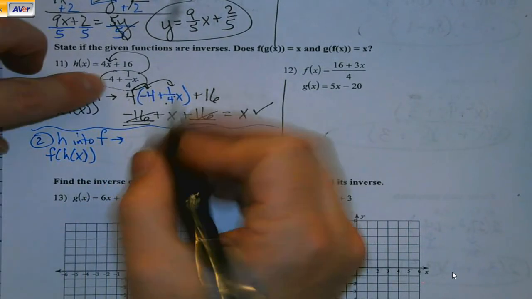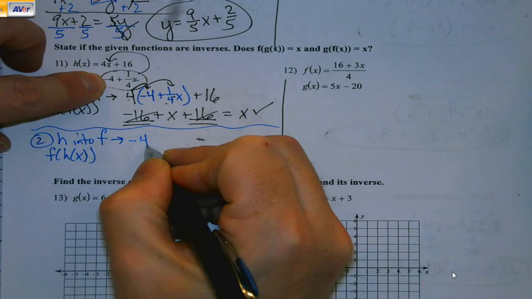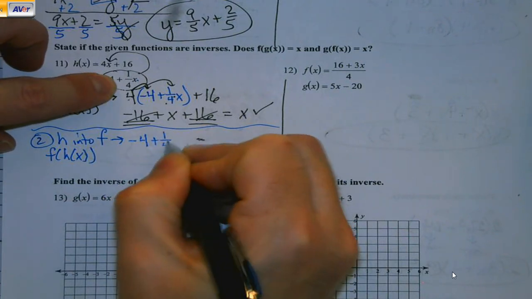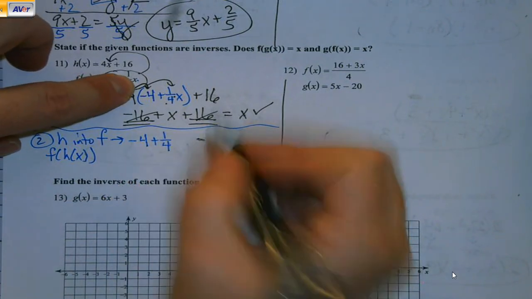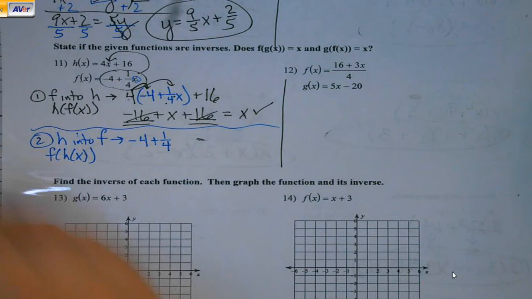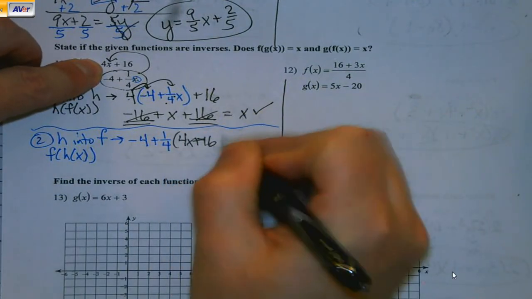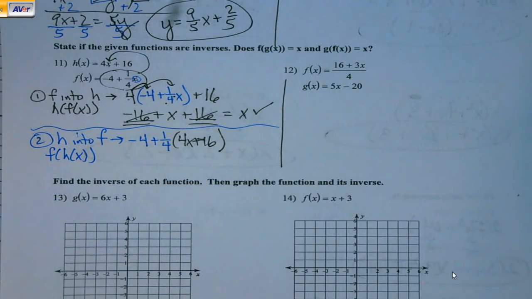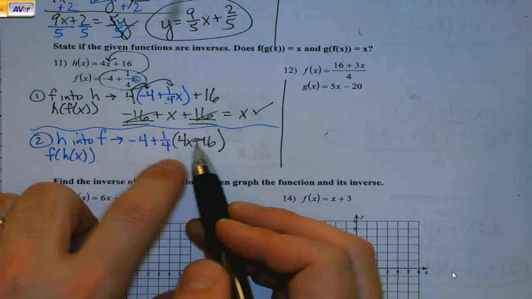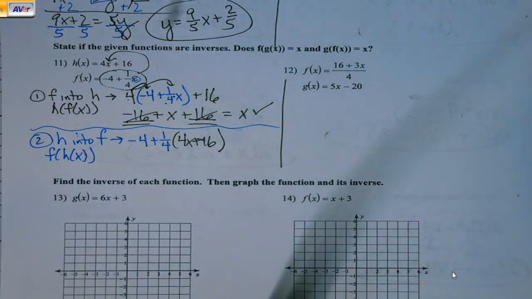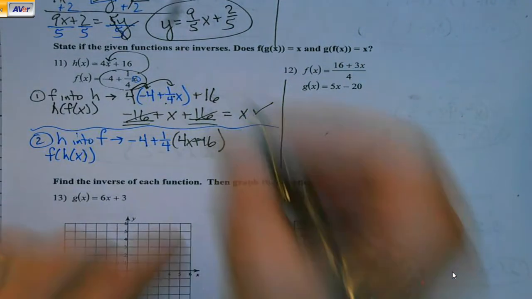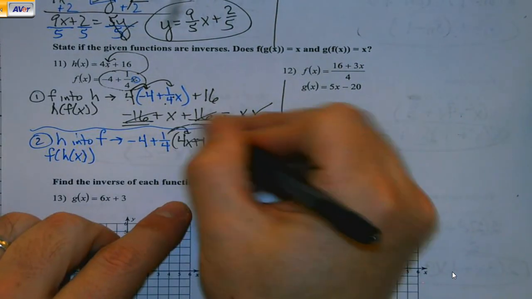So I start copying all my stuff in my f function until I get to x. When I get here, this stuff goes in for that x. Okay, so that x disappears and gets replaced. And again, sometimes even seeing the colors with what you're replacing can help. So I still got some reds and blues up here, if that helps you. And we're going to distribute.